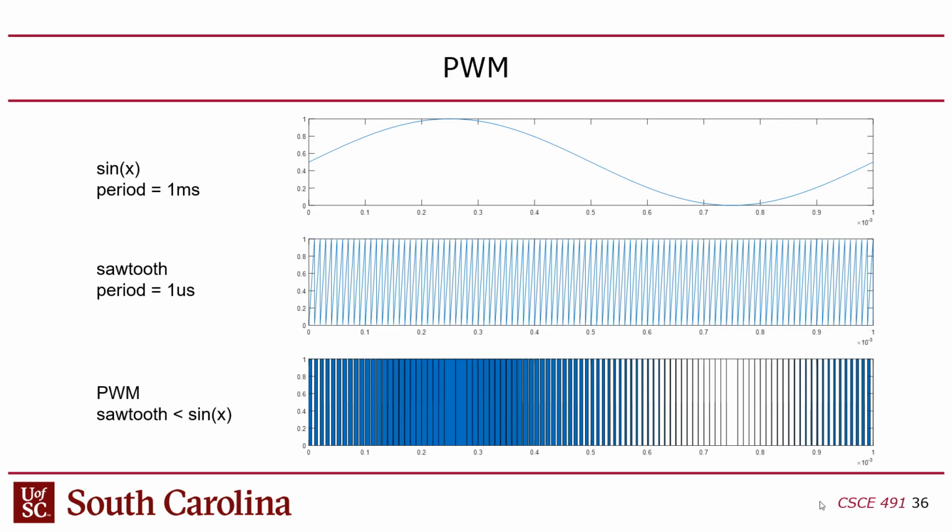So in this case, if this is 1 microsecond, that's really fast, right? That's a megahertz, 1 over a million. It's a million hertz, which I don't think I've ever seen a PWM quite that fast, but that's pretty fast. But it doesn't matter.